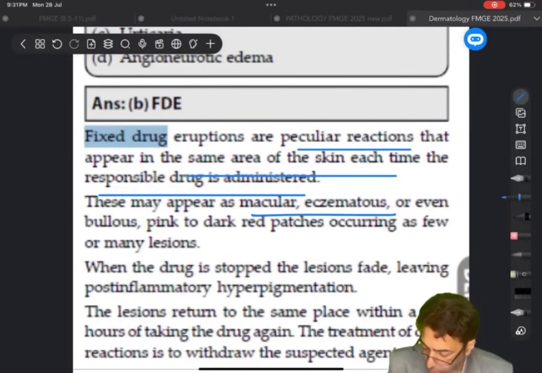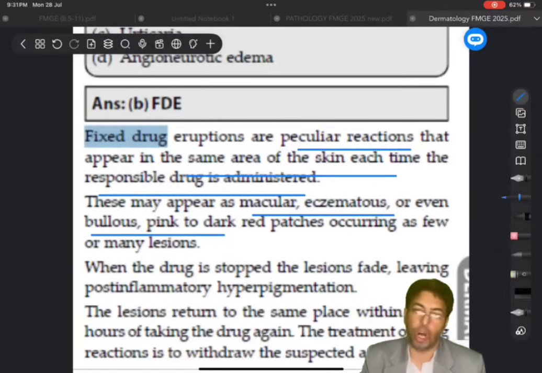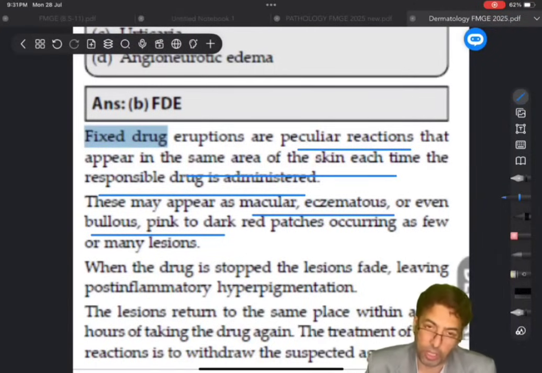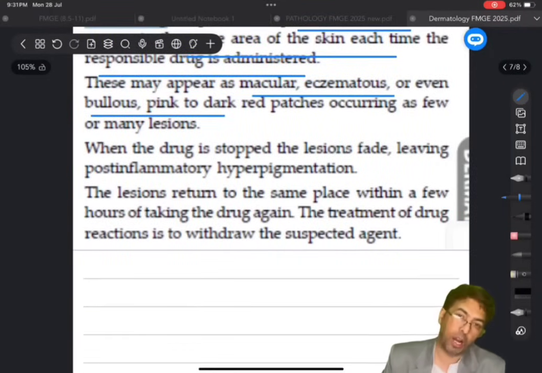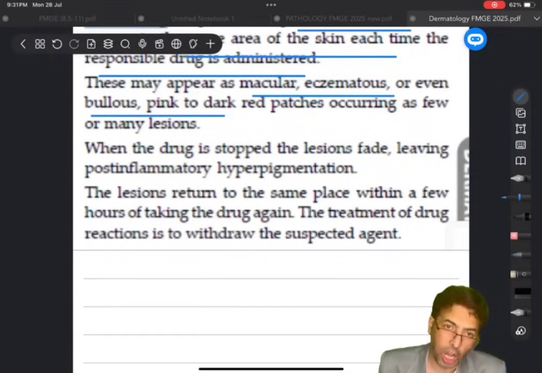They may appear as macular, eczematous, any sort of dermatological presentation. So this is the crux: how we study fixed drug eruptions, how we study hand, foot, mouth disease, how we study Lyme's disease, what are the drugs given for this disease, and these were the types of questions which were asked. So this is how we read, how we study.